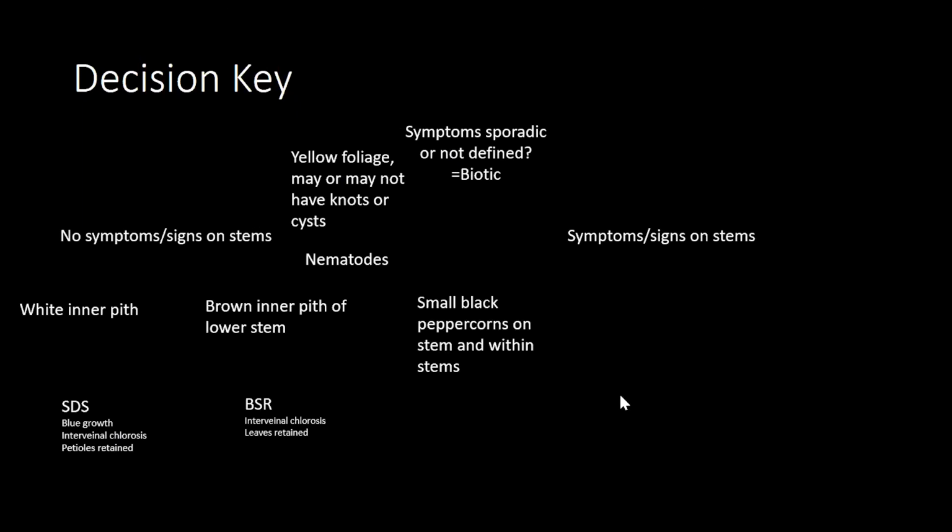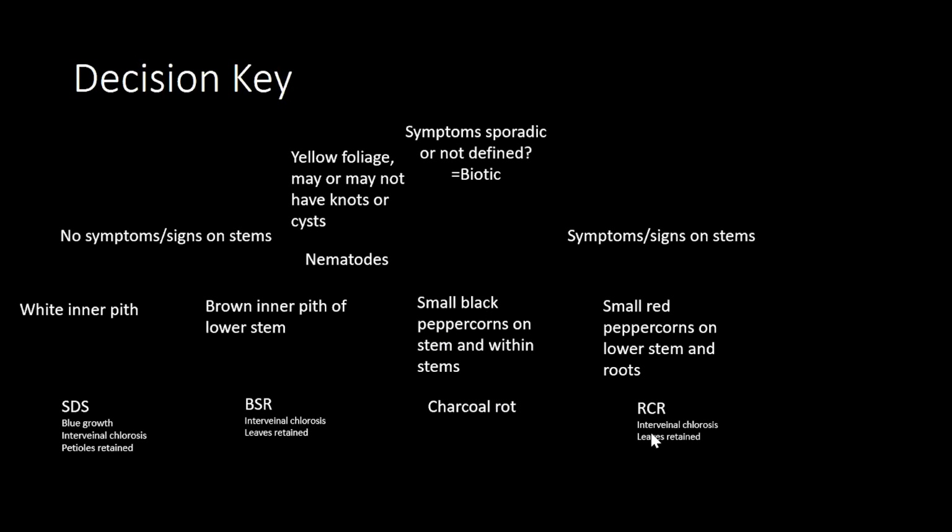and then you should be sending those off to have that confirmed. The last thing here, symptoms or signs on stems. If you're looking at the outside of your stems, you see those little black peppercorns on the stem, and you cut those stems and see those within it, that's charcoal rot, again, very fast blight in that particular disease. If you're seeing small red peppercorns on the lower stem, as well as on those roots, then you're probably dealing with red crown rot.